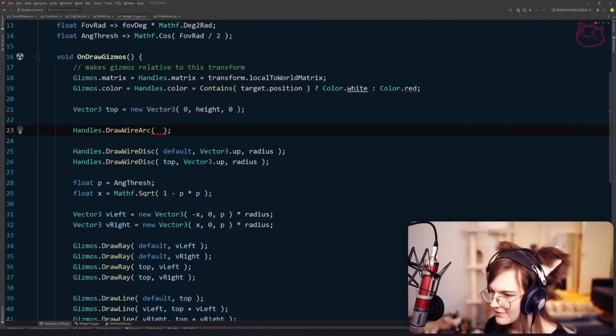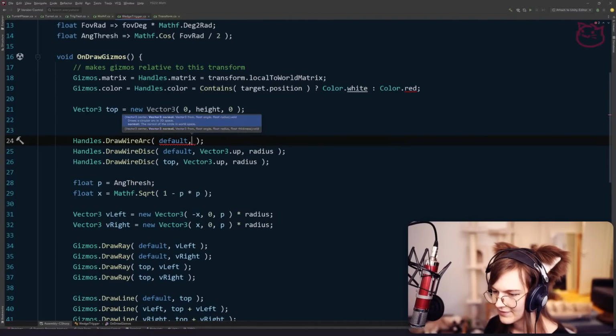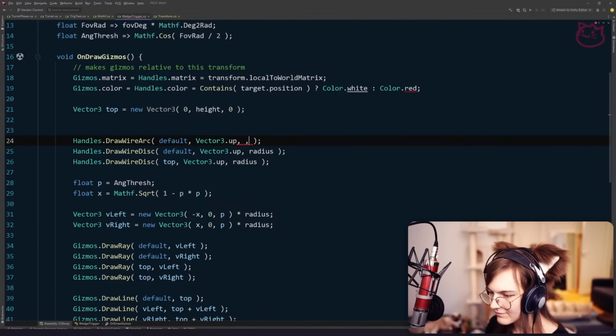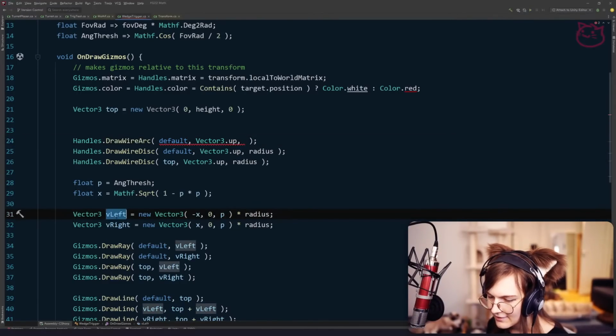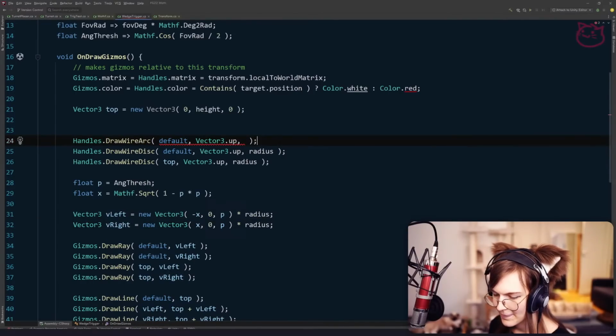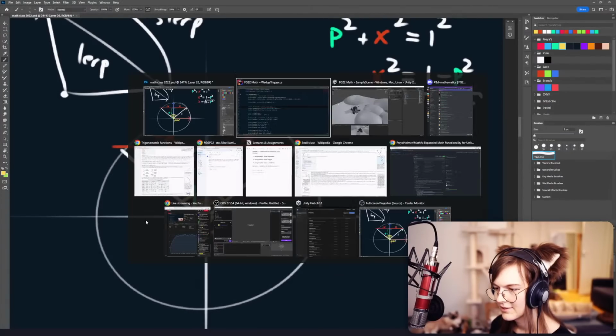All right, so we are in local space here. And so the center is just going to be 0. The normal is just going to be up. The start direction, I believe, is going to be V right. No, sorry, V left.